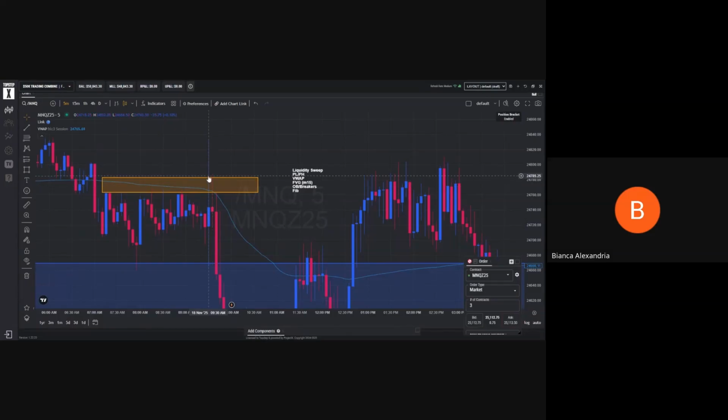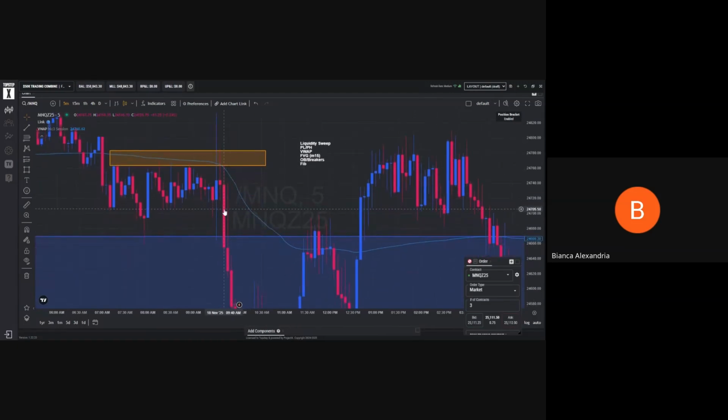So price came here. This was the 9:30 candle. This was the 9:35 candle, but price hadn't broken anything. So now I'm looking for a pink candle, a bearish candle, to break a previous structure point as well as a blue bullish candle, right? Because that would be my change in state of delivery. Does that make sense so far, ladies? Yeah, I'm following. Okay.